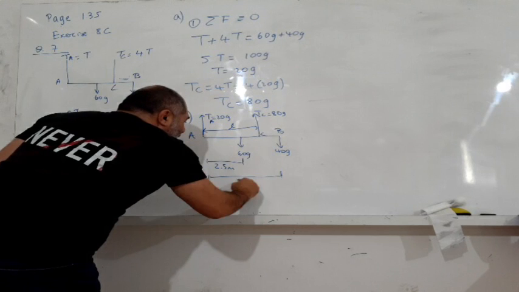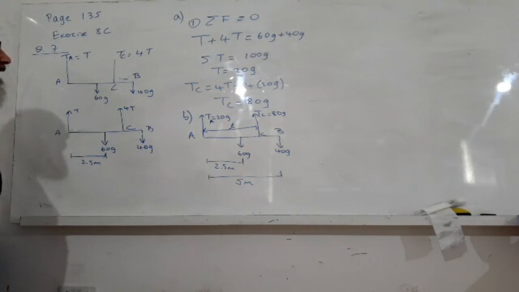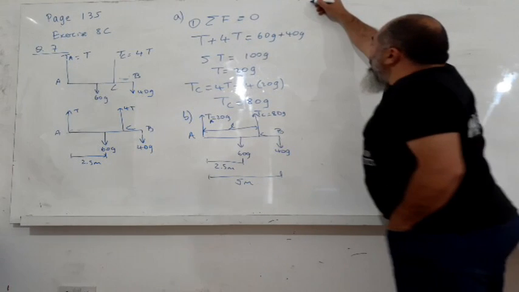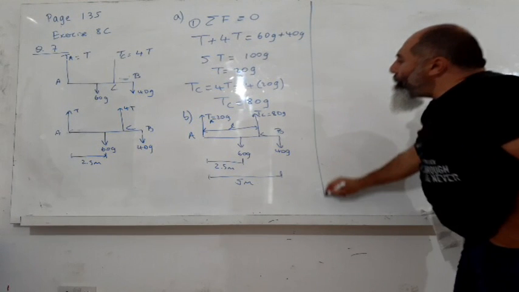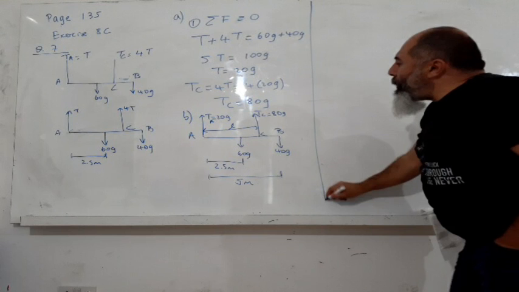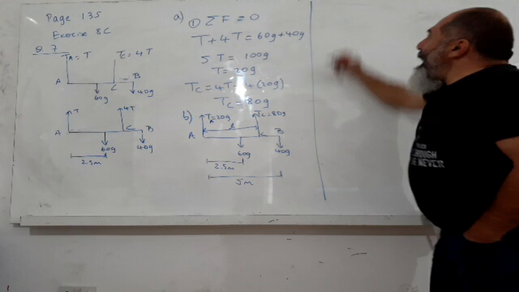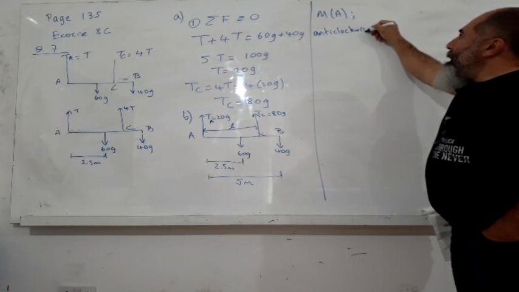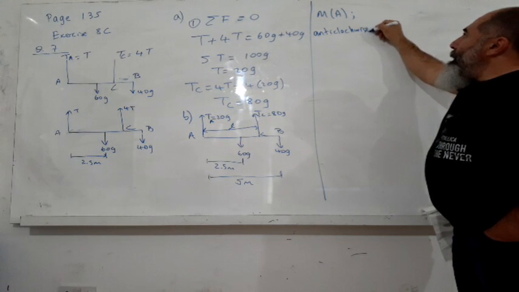Now I am going to take moments about point A. For equilibrium, anti-clockwise moments must be equal to clockwise moments.